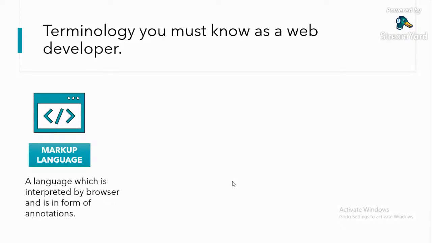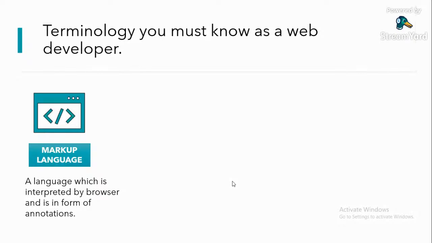So when someone asks you why HTML is not a programming language, you should say that HTML is not capable of implementing your business logic. Let's say you want something like, if age is greater than 18, then show this page, else show that page. You cannot do it only with HTML, because HTML is a markup language.